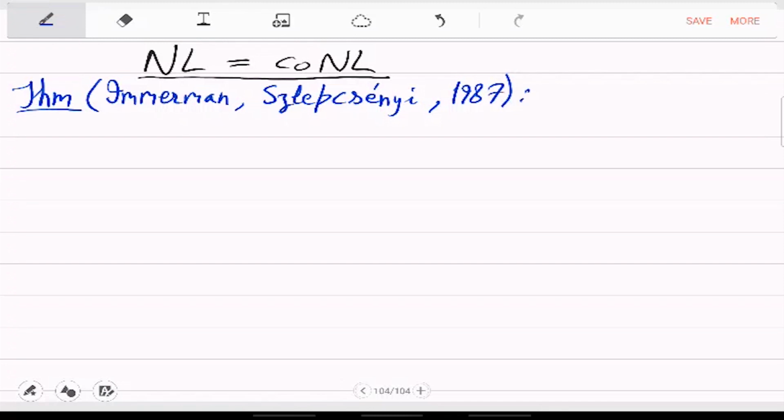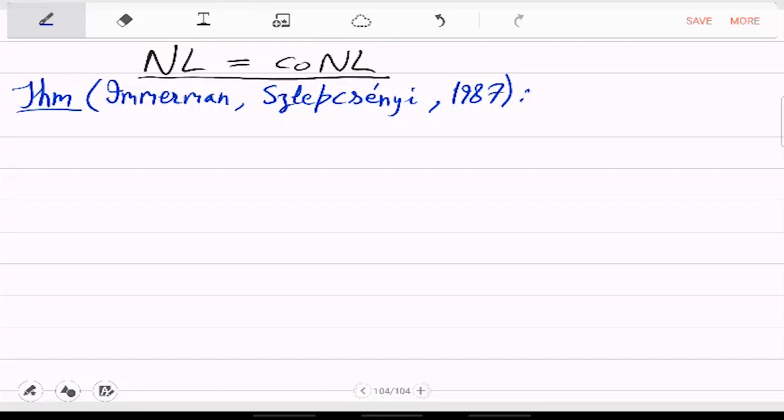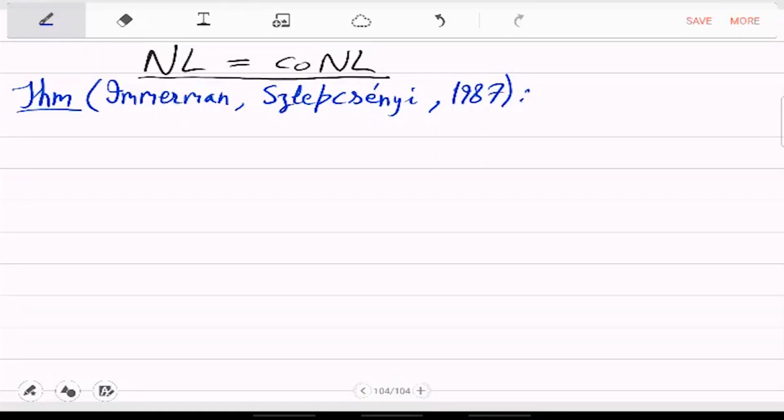It is an old result, but it was a stunning result, because a priori people thought that NL equal to coNL should be like the NP equal to coNP question. But in this case, because reachability is such a special problem, directed unreachability actually converts to directed reachability, making NL equal to coNL.